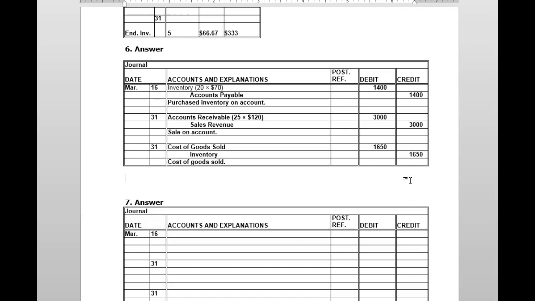Now, if you do these out in a T account, you're going to see exactly the effect that the cost of goods sold entry has on inventory. It's going to lower the inventory, and obviously it's going to increase the cost of goods sold or the operating expenses. So now this one was using FIFO.